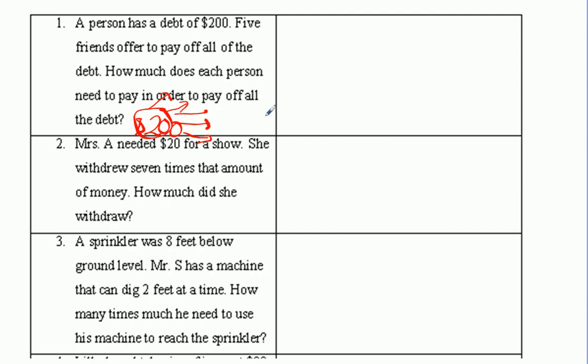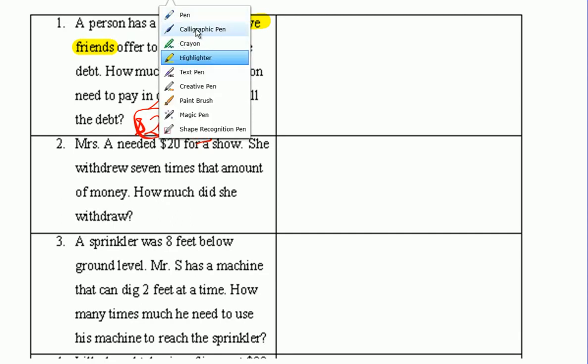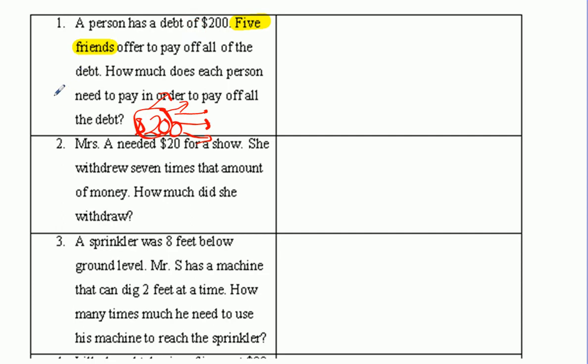That's great. It seems like what's going to happen, and this is not in the problem, but it looks like my 5 friends are going to kind of split up the debt for me, right? Sounds like they're going to split it up for me. So I'm going to write the word split because that's kind of what is happening here.